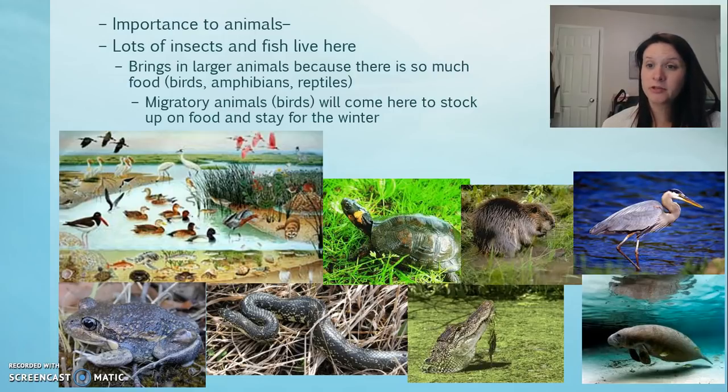Many of the birds are actually migratory animals. They come to the wetlands, particularly in the wintertime, because usually wetlands are located in warmer climates, and they can get lots and lots of food, and will stay there throughout the wintertime. So a lot of variety of animals will live in the wetlands.